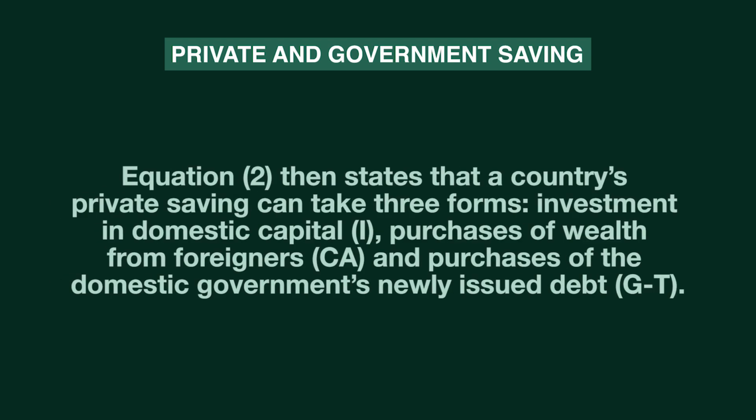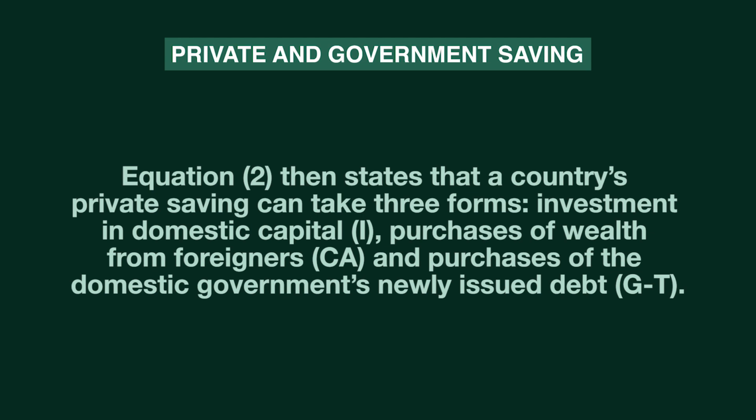Equation 2 states that the country's private saving can take three forms. One, investment in the domestic capital, represented by I. Second, purchase of wealth from the foreigner, represented by the current account.